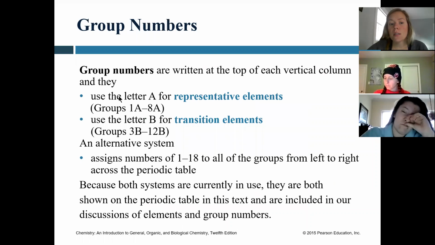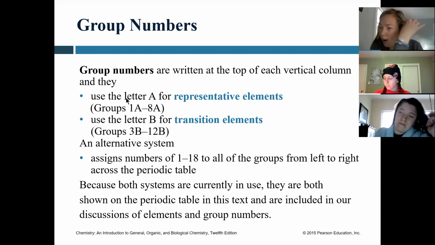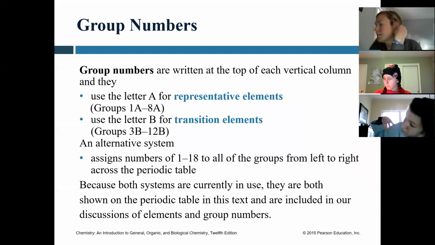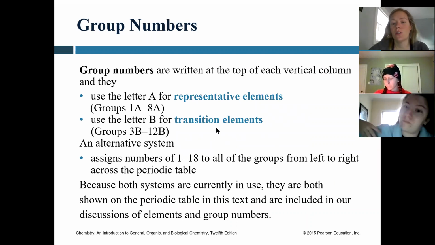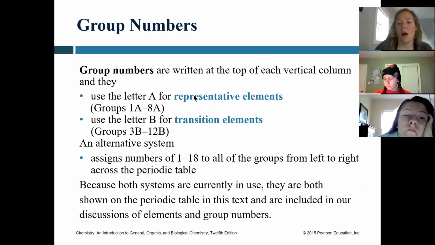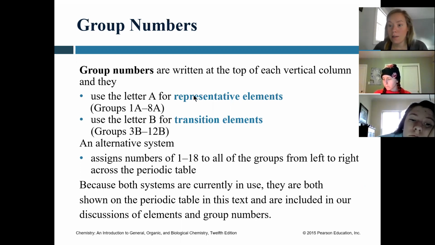So the group numbers, when you hear me calling out group numbers or columns, like, oh, group 6, I'm not talking about anything in the transition metals. I'm talking about the representative elements, or the common elements, or the more predictable elements. So group 6 would be the oxygen, sulfur, selenium group.